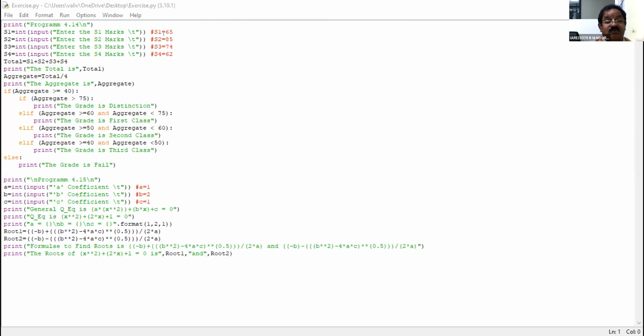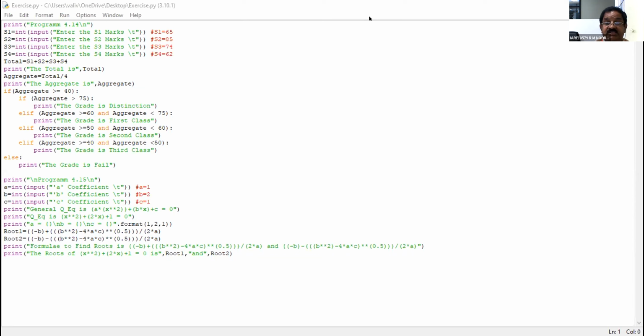Here, in case of finding the roots of the quadratic equation, what I check is we are going to enter the values of A, B, C, and we are going to check the condition. If A equals 0, then we are going to print that the given equation is not a quadratic equation. We cannot find the roots. Else, find the discriminant. After finding the discriminant, you have to make use of if else. You have not done that, right?